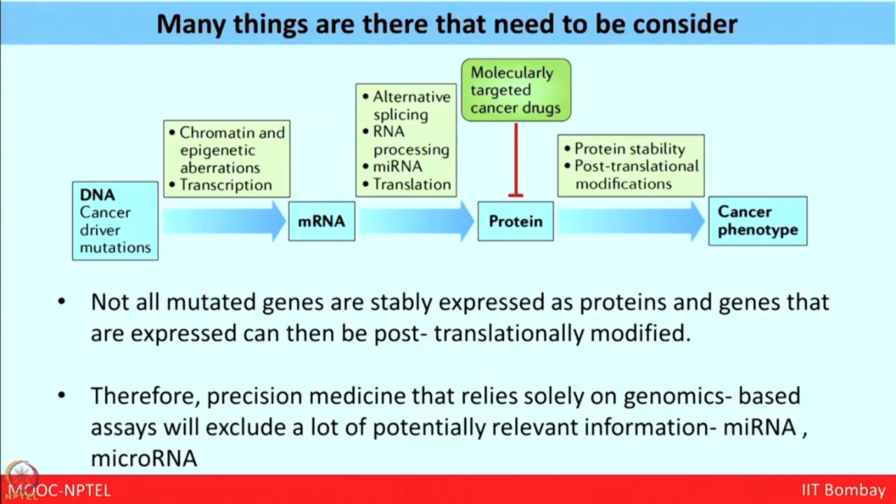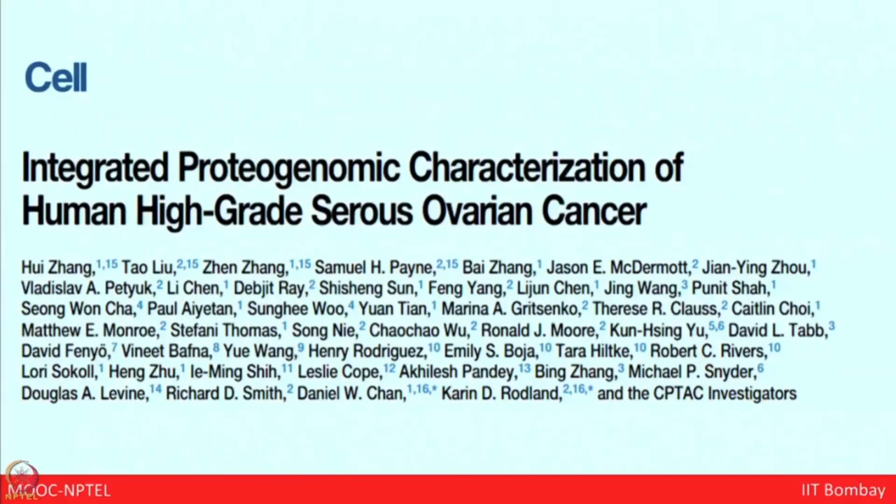Therefore, precision medicine that relies solely on genomic-based assays will exclude a lot of potentially relevant information, like miRNA, microRNA. So, to support the previous statements and to give you a complete glimpse of how the powerful tool of proteogenomics can be very helpful to solve different kinds of cancer.